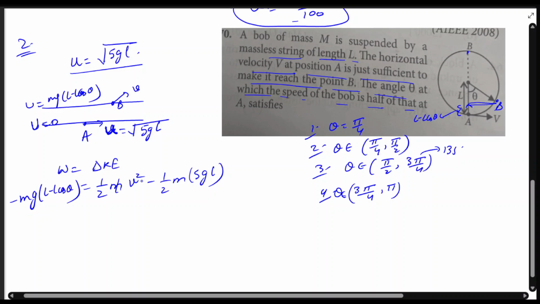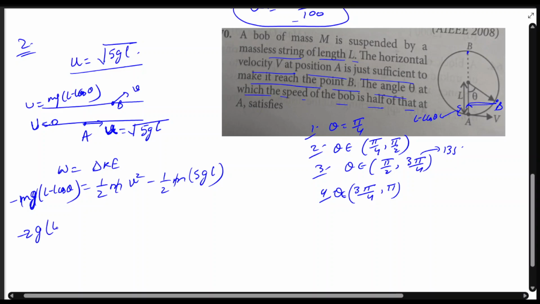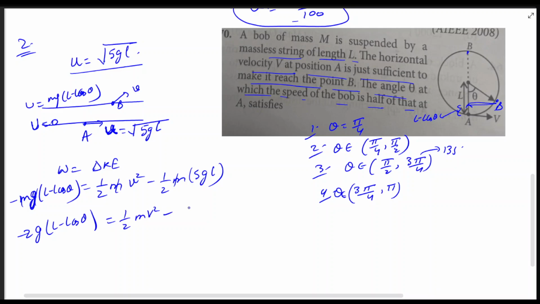So m will get cancelled, g stays, and we get 2g(L minus L cos theta) equals half v square minus half u square, where the halves cancel and m is also gone.